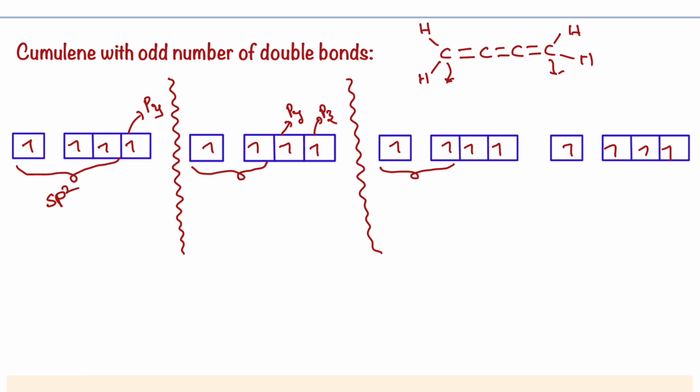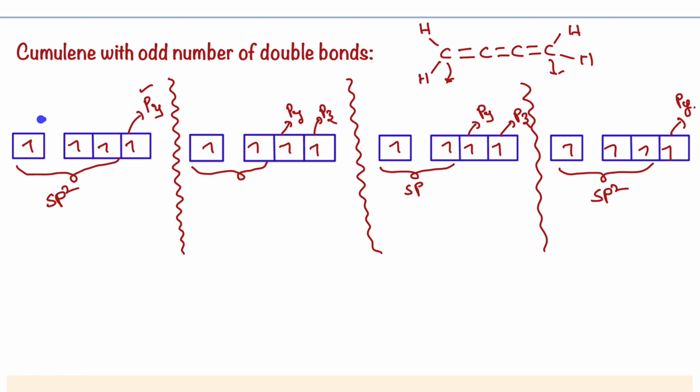Again this is also sp hybridized, with an unhybrid orbital, py orbital and pz orbital. But this is again a terminal carbon. Its hybridization is sp2. Here py is unhybrid.